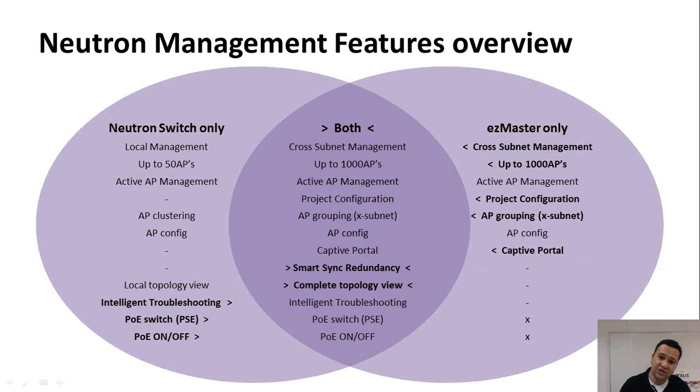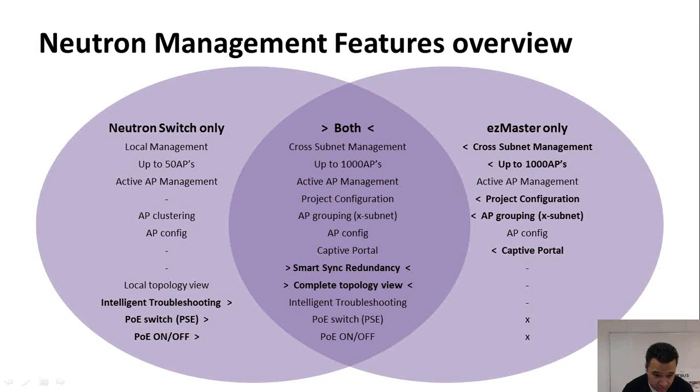So this is the initial function of EasyMaster, how we design it to be. Mainly the most important things that are on top of EasyMaster are the possibility for cross-subnet management and the management capability up to 1000 access points. And currently we have our captive portal inside the EasyMaster.